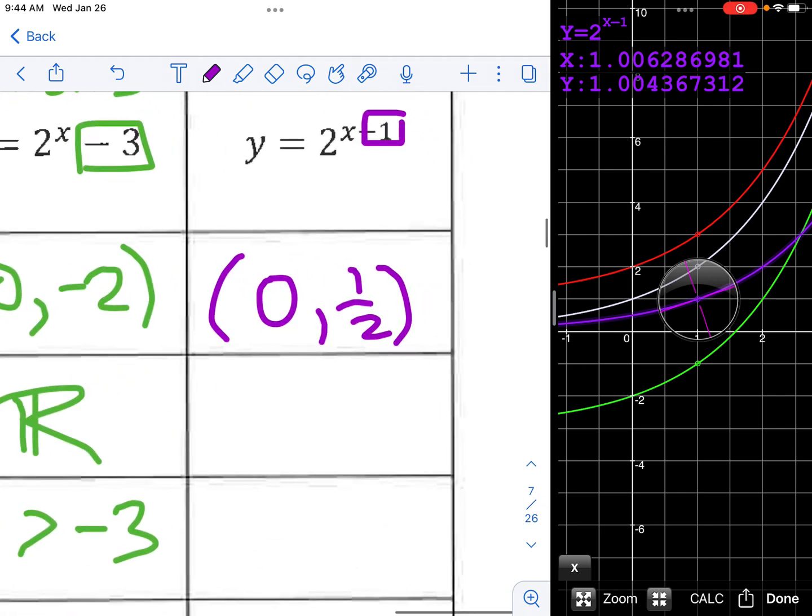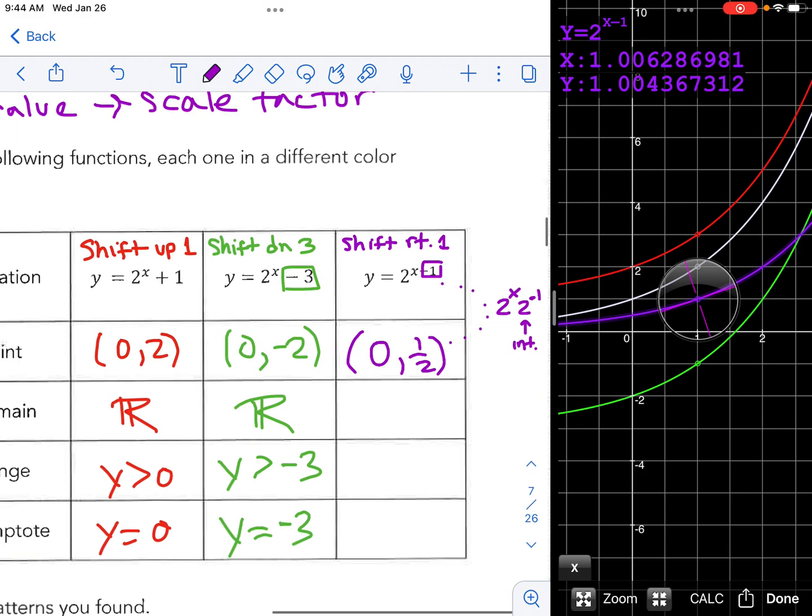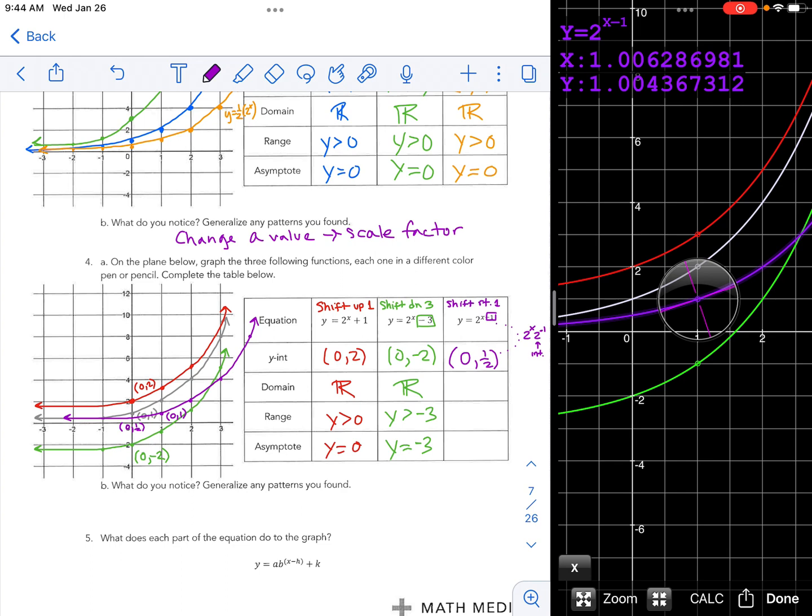So how do we figure out it's 0, comma a half? Well, if we look up here, we can see that we have 2 to the x and 2 to the minus 1. And so here is my intercept, okay, because that makes a power of x minus 1.